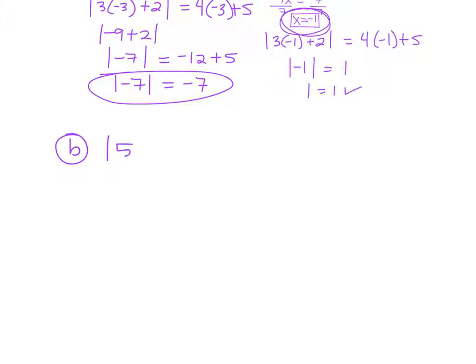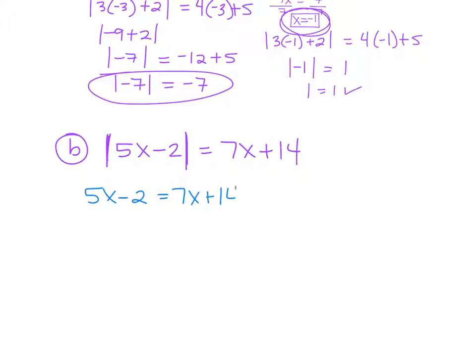So this one is absolute value of 5x minus 2 equals 7x plus 14. You write negative 7x minus 14 on another equation with 5x. That would be your second equation, right? So 5x minus 2 equals 7x plus 14, and 5x minus 2 equals negative 7x minus 14.